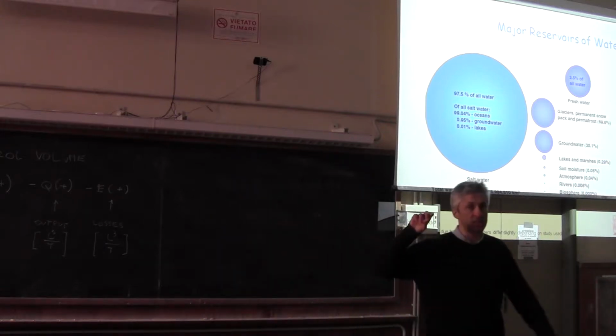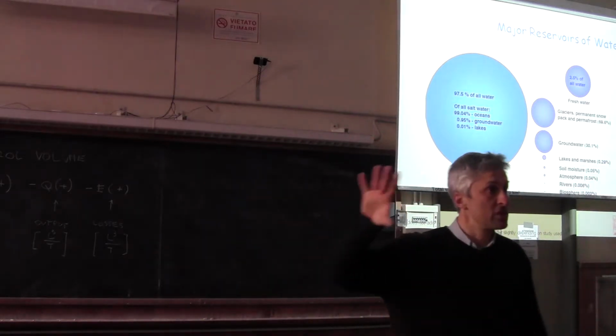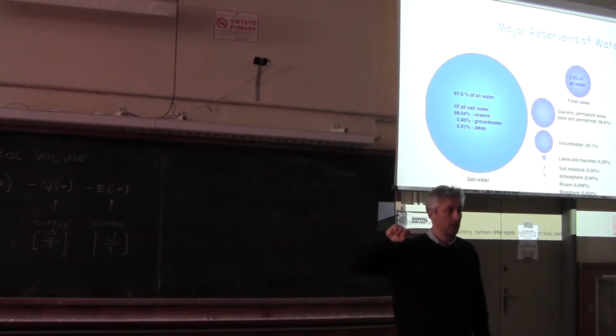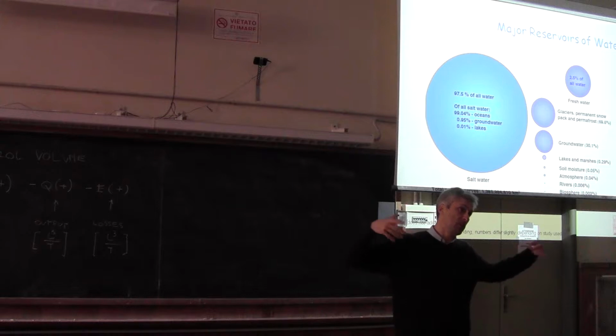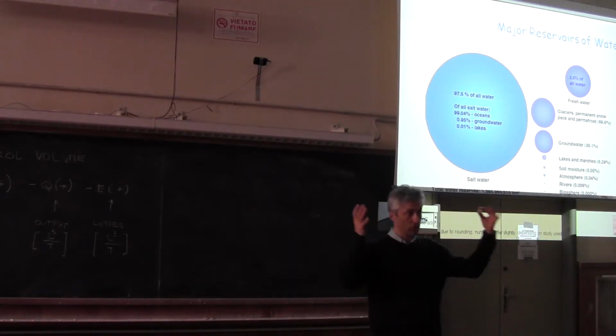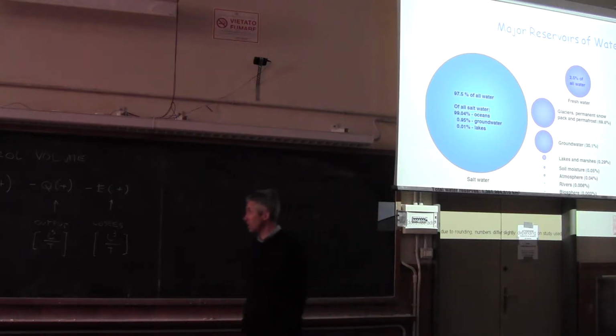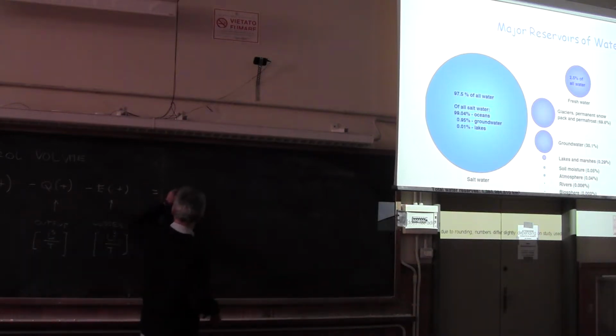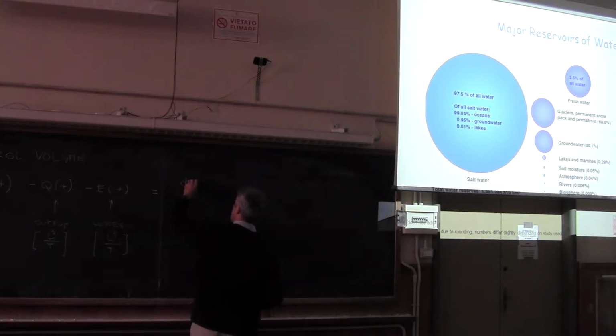What are the losses? The losses could be, for instance, evaporation. This is why I used E as a symbol. But there might be other losses. Evaporation is the simplest to introduce. So you have an input minus the outputs, which is equal to what? To the change in time of the water storage.